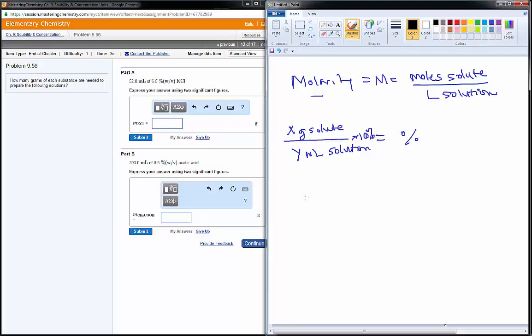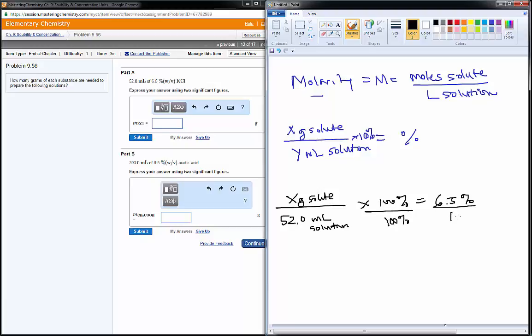So I can plug this in here and say, for instance, for this first solution, they want to know the number of grams. So X grams of solute in 52 milliliters of solution multiplied by 100% gave me a percent concentration of 6.5%. If I solve for X, I just need to divide both sides by 100% to get rid of that, that gets rid of my percentage.